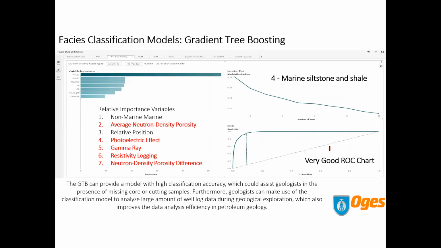So a good ROC chart, which you can see here, has a very steep initial slope. You can see this really steep slope here. And hopefully this slope will level off pretty quickly. So we're seeing this leveling off here around this point. And that is for each misclassification of an observation.